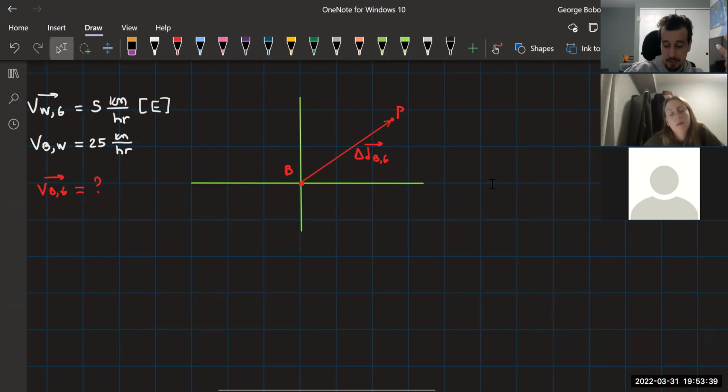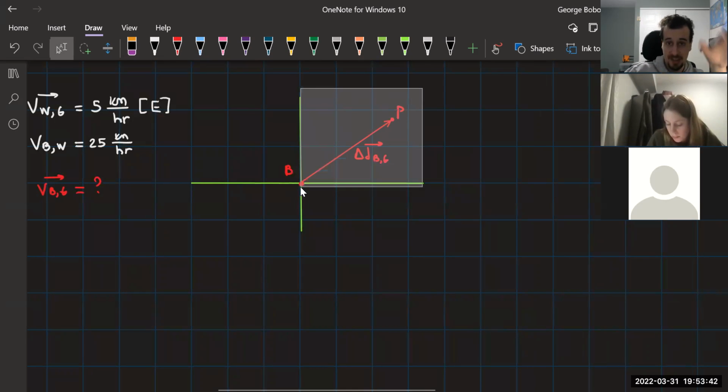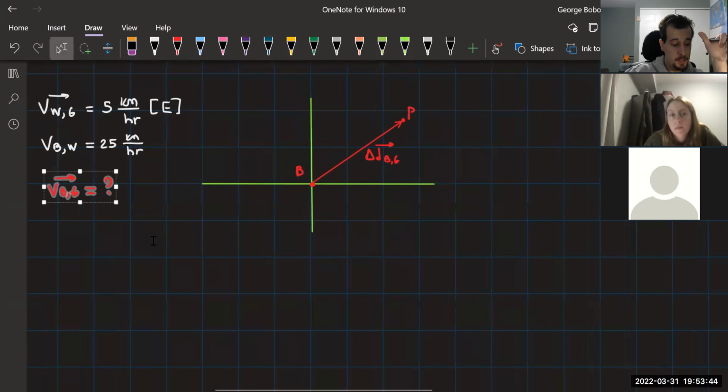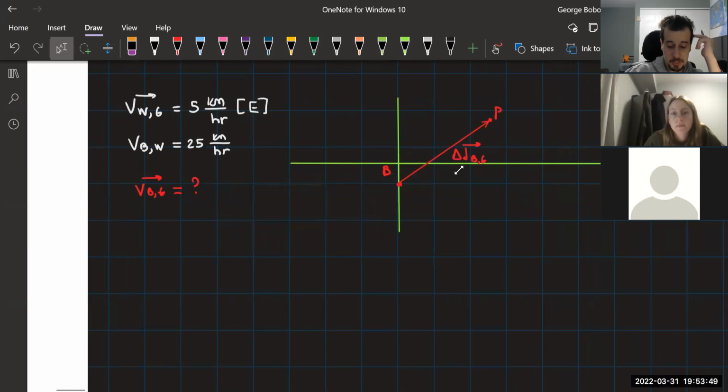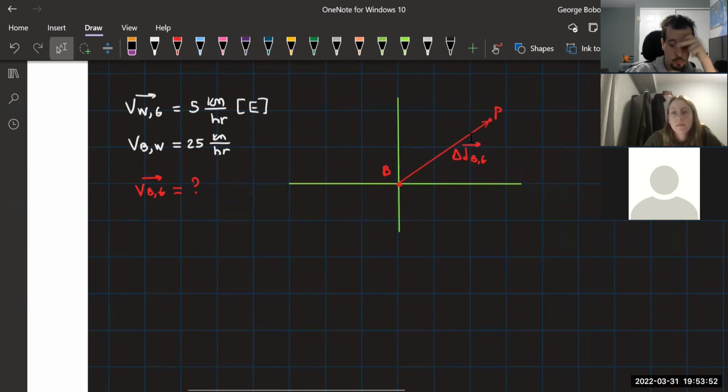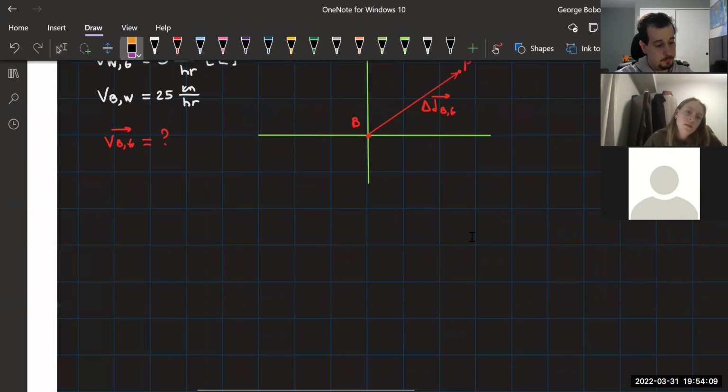So obviously, this is related somehow to this. Let's think. Use our noggin up here. We have a displacement, and we want to relate it to a velocity. First of all, should they have the same direction, this velocity and this displacement? I'm going to remind you the definition of velocity to answer that.